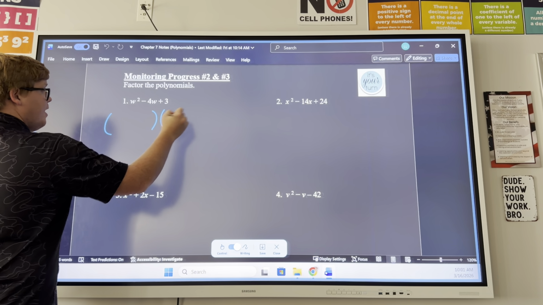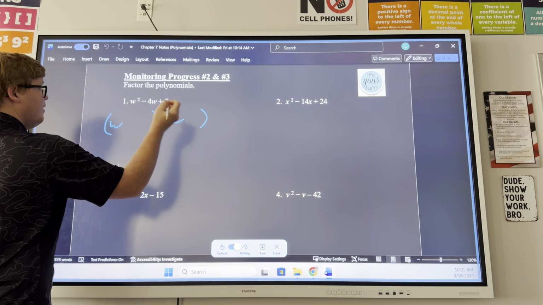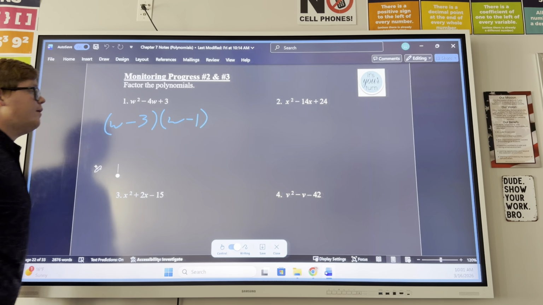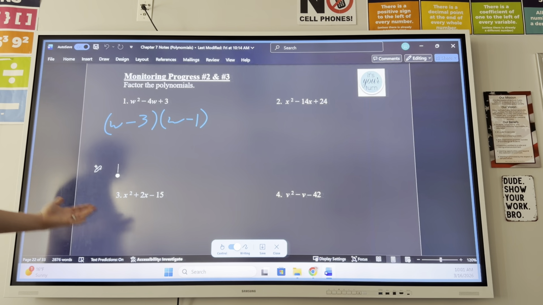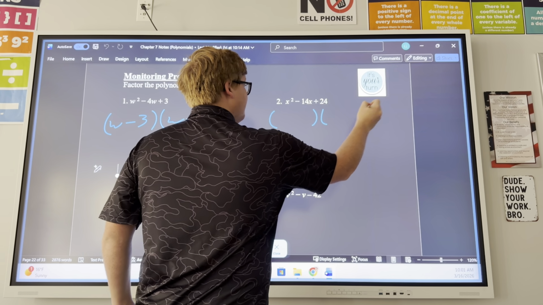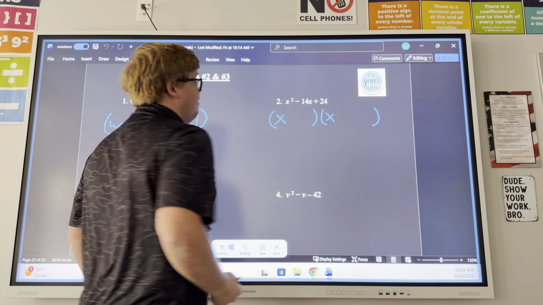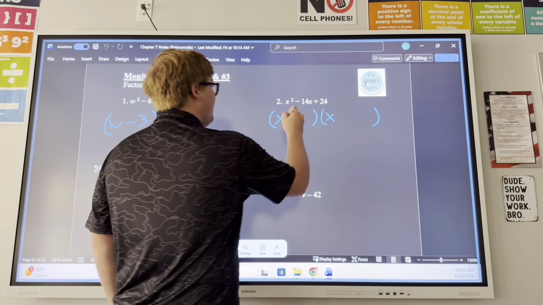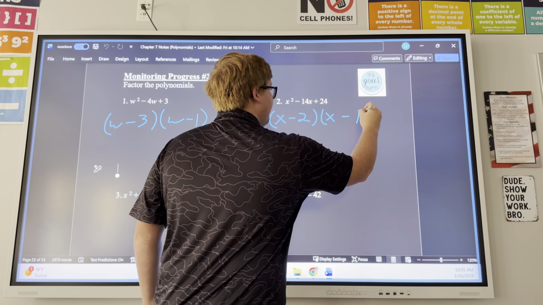This one we needed to have our W, and to get a positive 3 but a negative 4, we need to have a negative 3 and a negative 1. The only factors of 3 are 1 and 3, so I had to work somehow. We look at 2. We have x and x. Our factors of 24 that can give us a negative 14 would be a negative 2 and a negative 12.